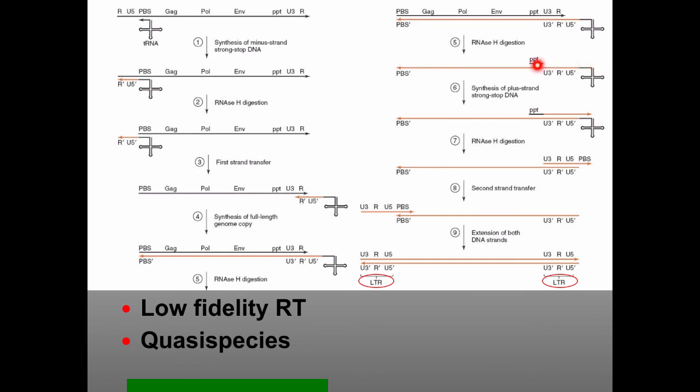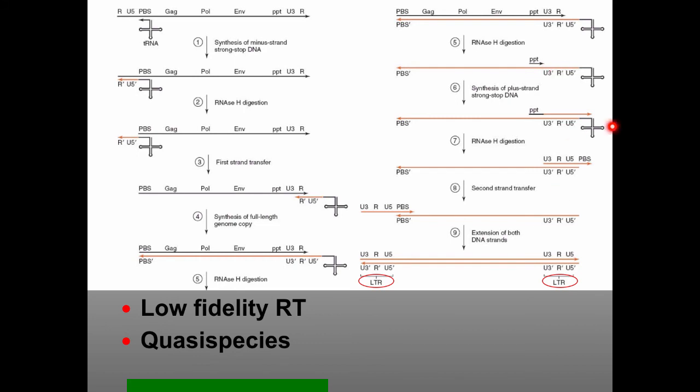So it will bind here, extend through this tRNA until it gets to the end of the primer binding site, which is a pseudouridine. It's one of those modified bases present in tRNAs that the polymerase can't do anything with. So it gets there, it stops.